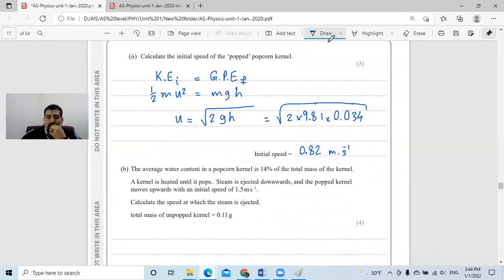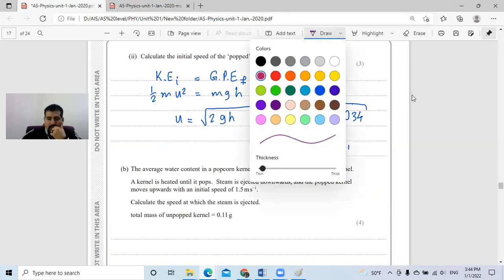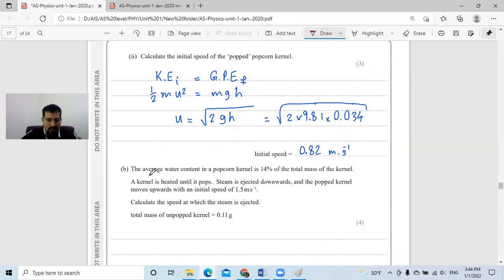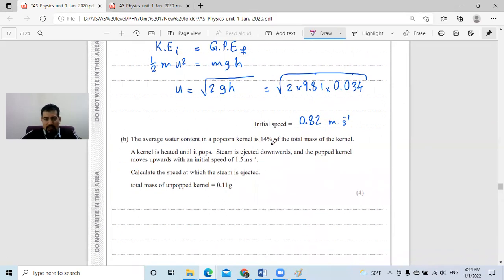Okay. Next, what do they ask? The average water content in the popcorn is 14%, 0.14 of its total mass.